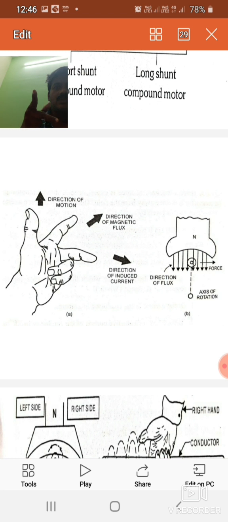Then the thumb shows the direction of the motion of the conductor. If you stretch the left hand such that the pointing finger is in the direction of the magnetic field and the middle finger in the direction of the current, then the thumb shows the direction of the motion of the conductor, that is, the motor direction.